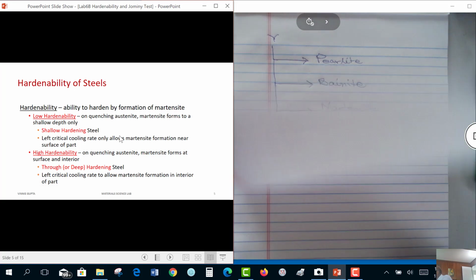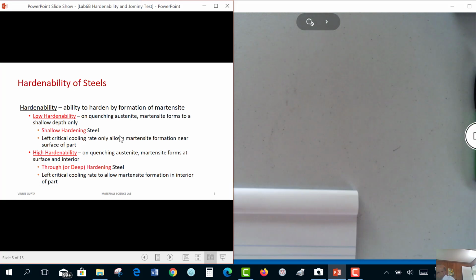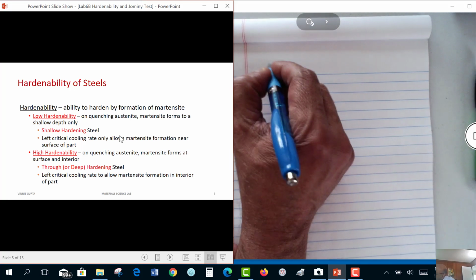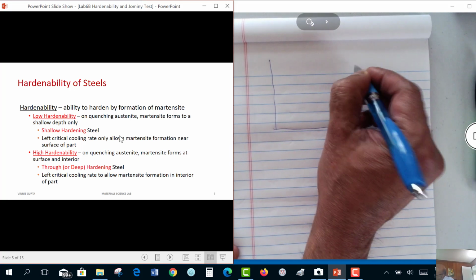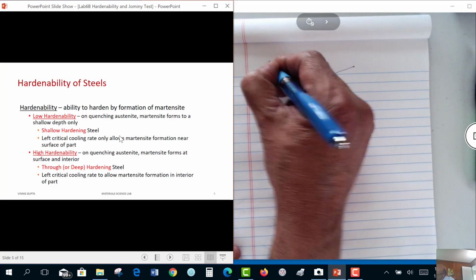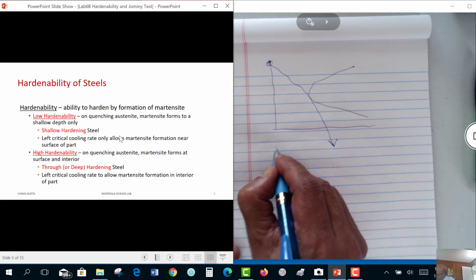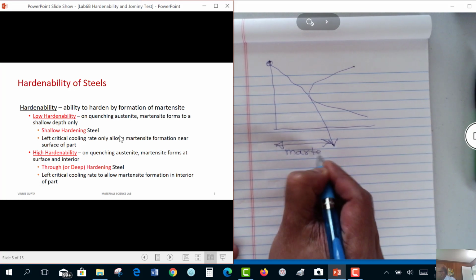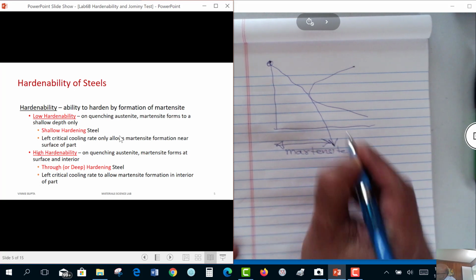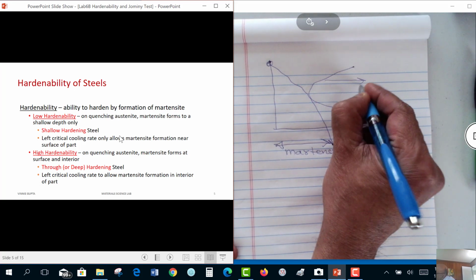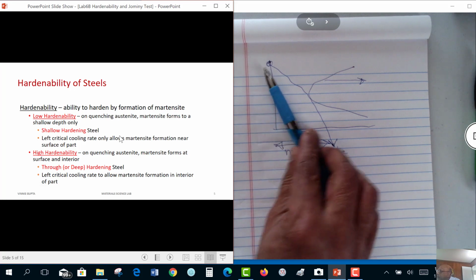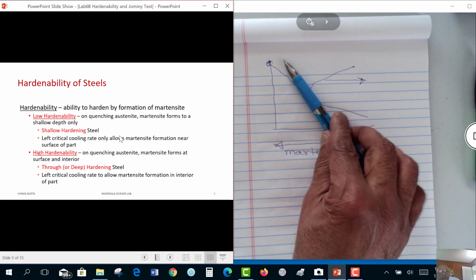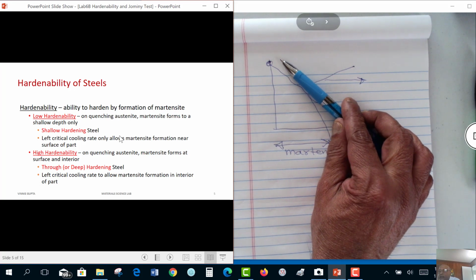So when we look at our transformation curves, what that means is, remember, our first critical cooling rate was like this, and we formed all martensite. So if we can move this curve to the right, that means martensite will form even at slower cooling rates.